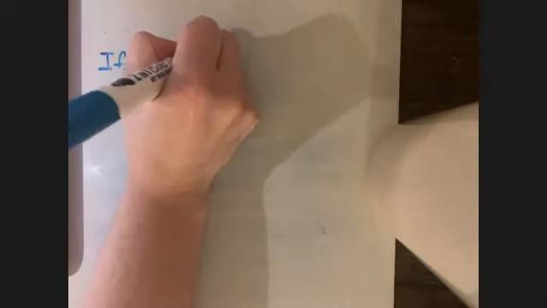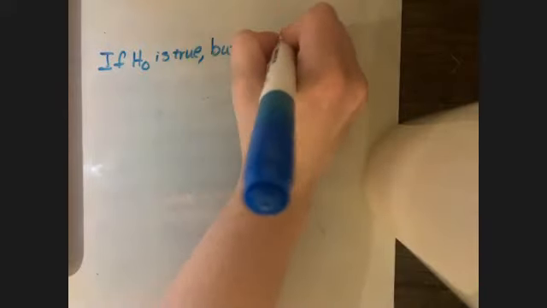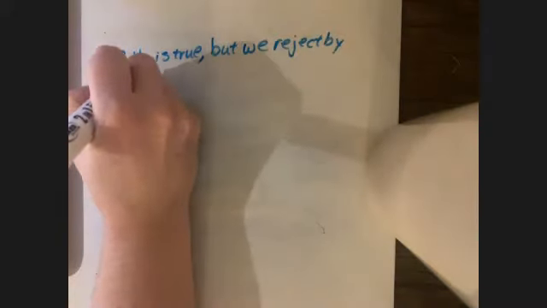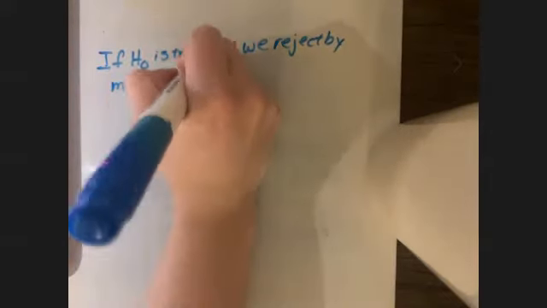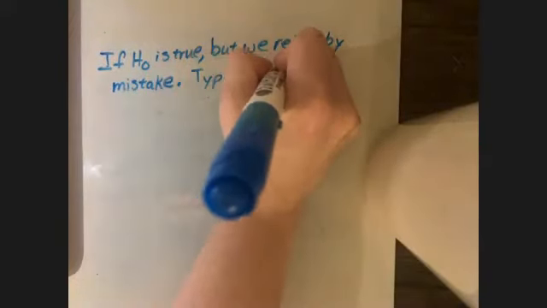So, putting this in ideas: if H naught is true, but we reject by mistake, then we have a type 1 error.